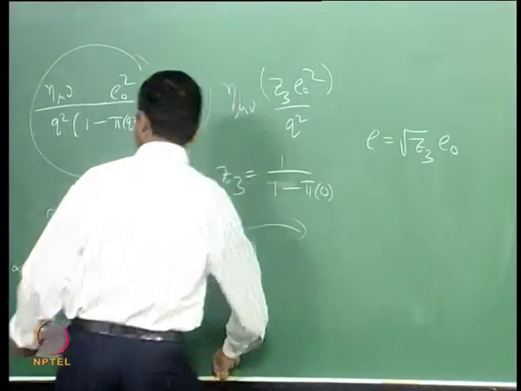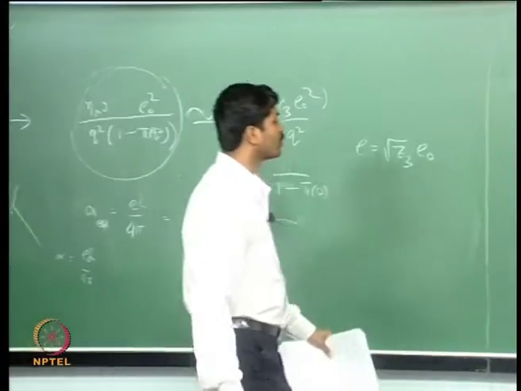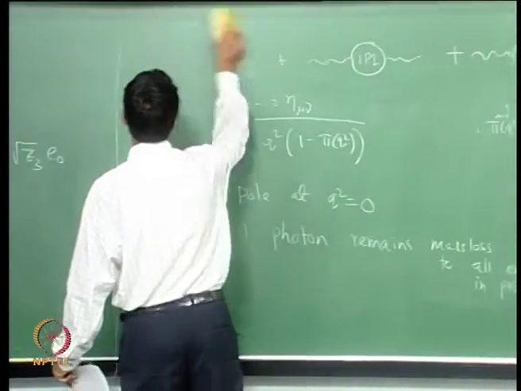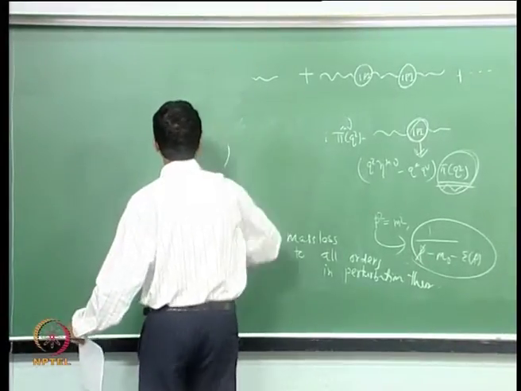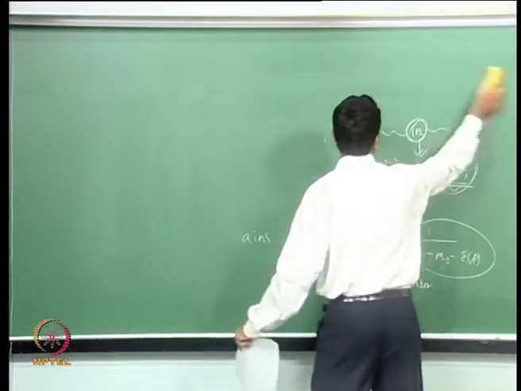So, let us do a computation and get the expression for pi of q squared at one loop.